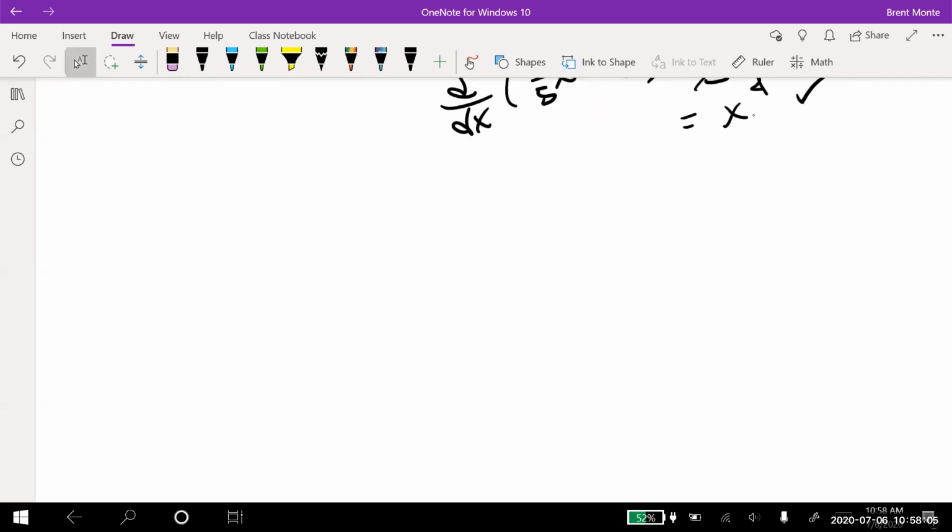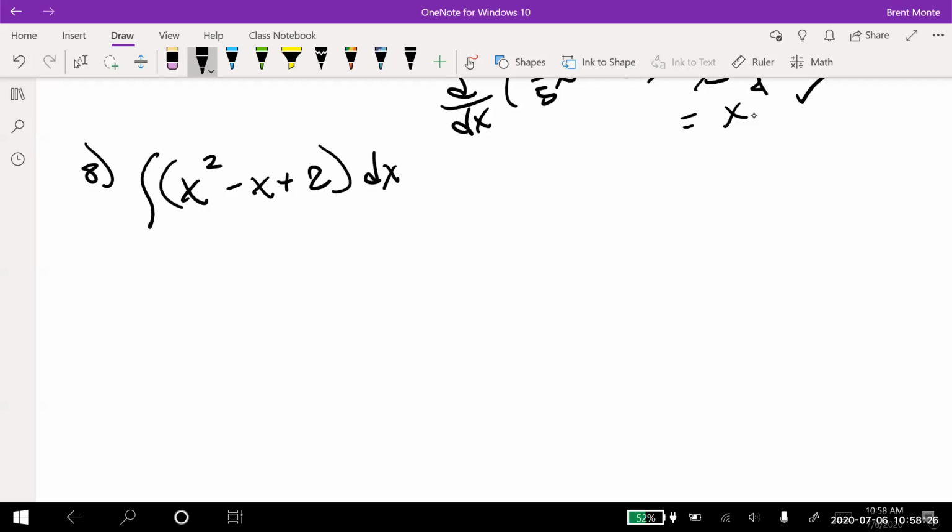So let's jump up and look at some problems that are a little more complicated than that. So let's see, let's do this. Problem 8 out of the book, it's the antiderivative of x squared minus x plus 2.